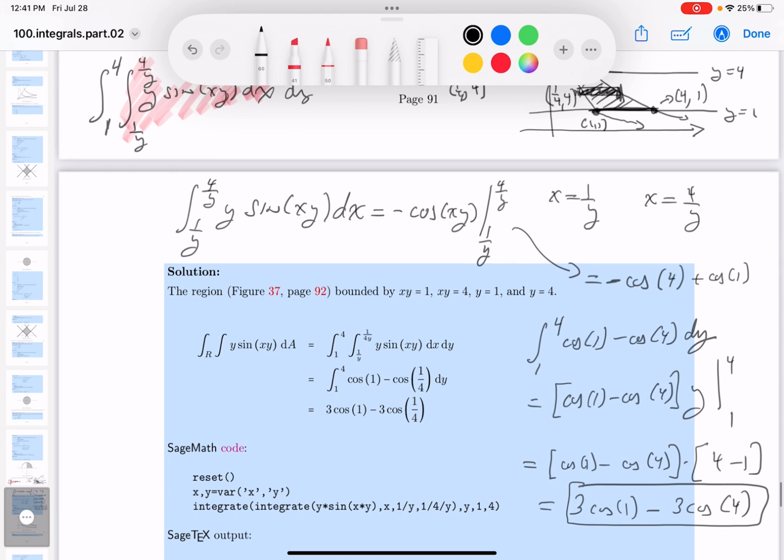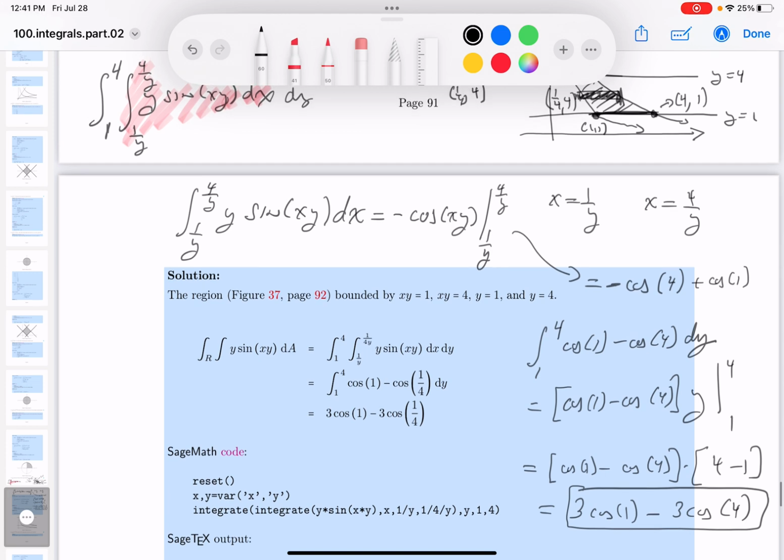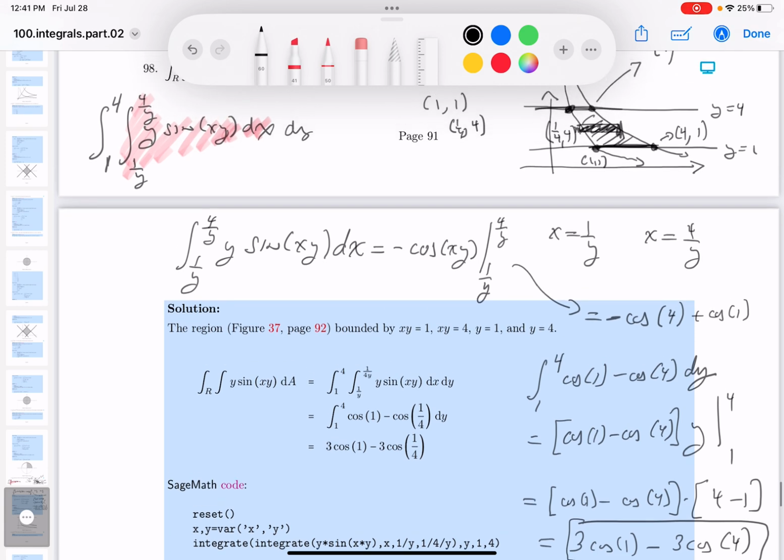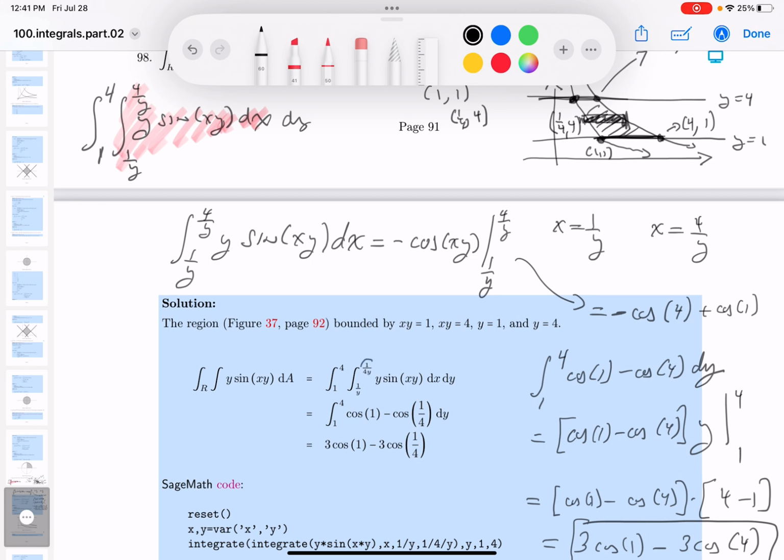I see it. Yeah, I see it now. I made a mistake here. My notes have to be corrected, by the way. That's 1 over 4y. That's not correct. The correct thing is this should be 4 over y.